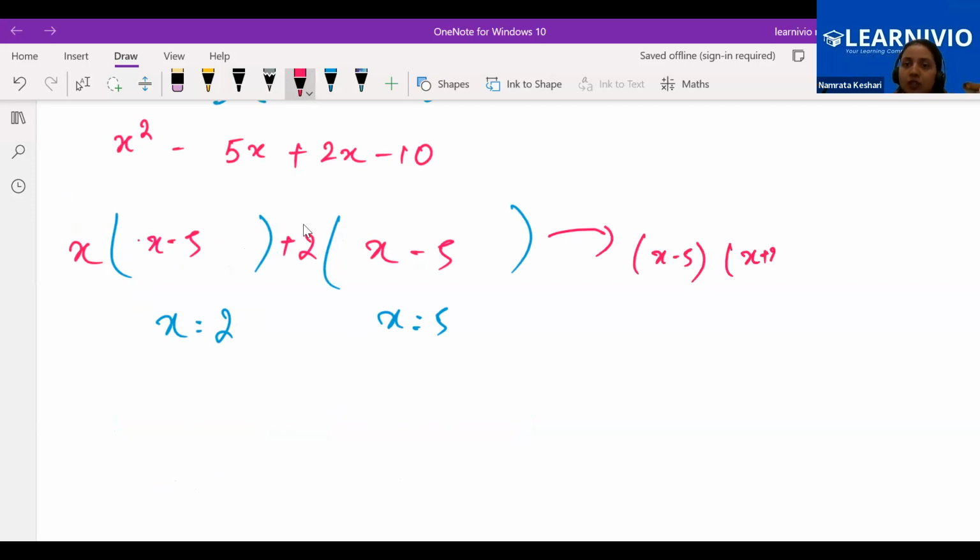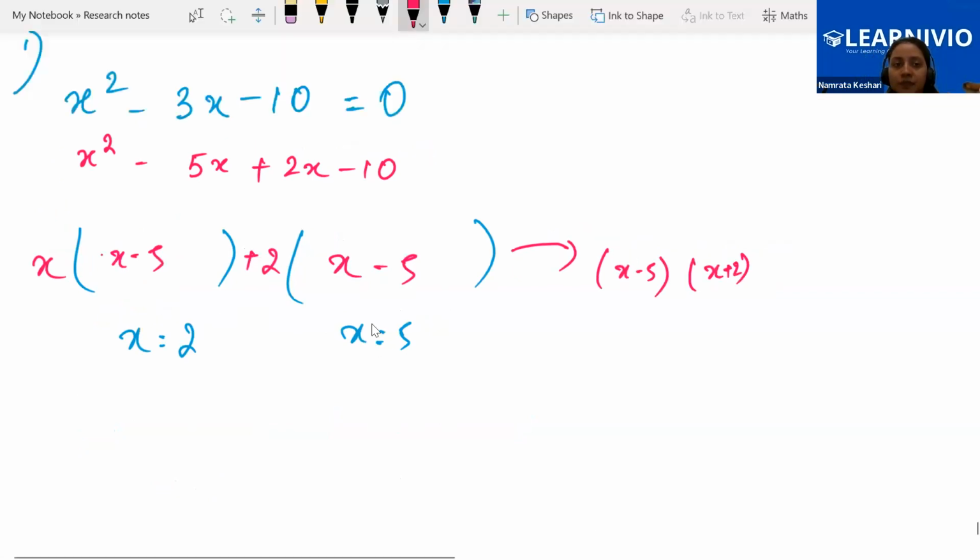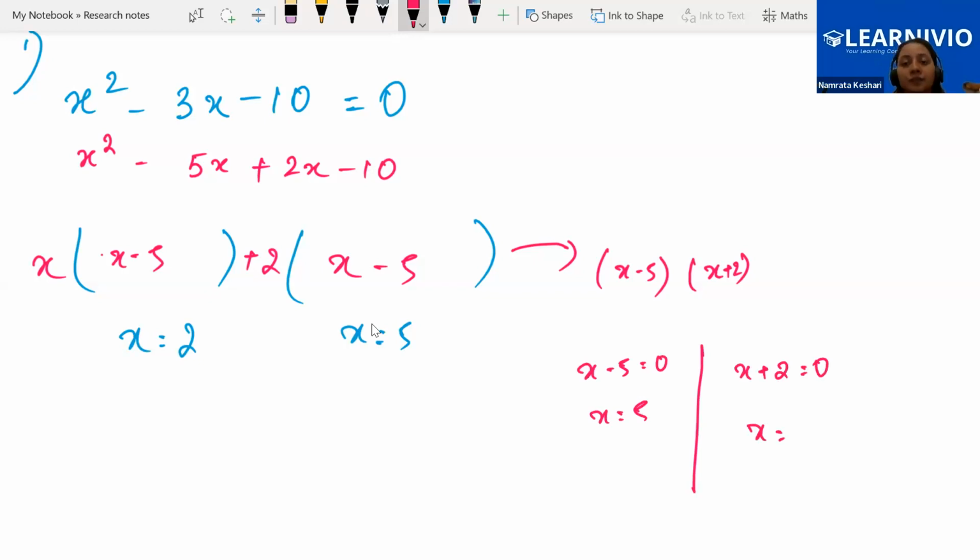Have you got the same? Yeah, it's x minus 5, x plus 2. So if we take x minus 5 equal to 0, x value is 5. Perfect. If we take x plus 2 equal to 0, x value will be minus 2. I forgot to add the sign, sorry. So this is how, yes, splitting the middle term is already clear to you.